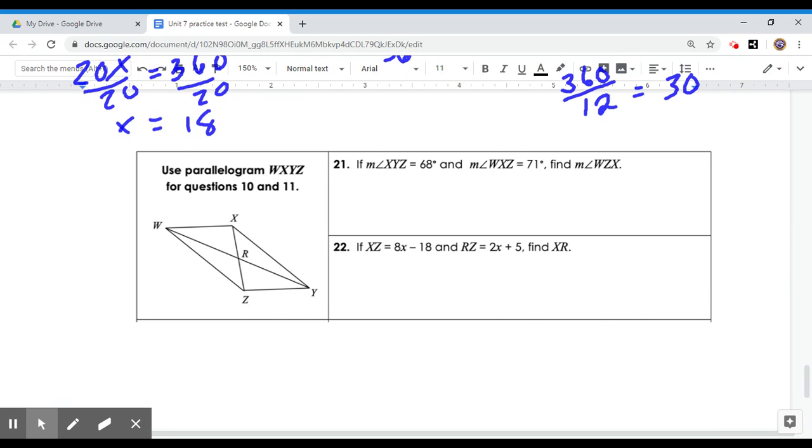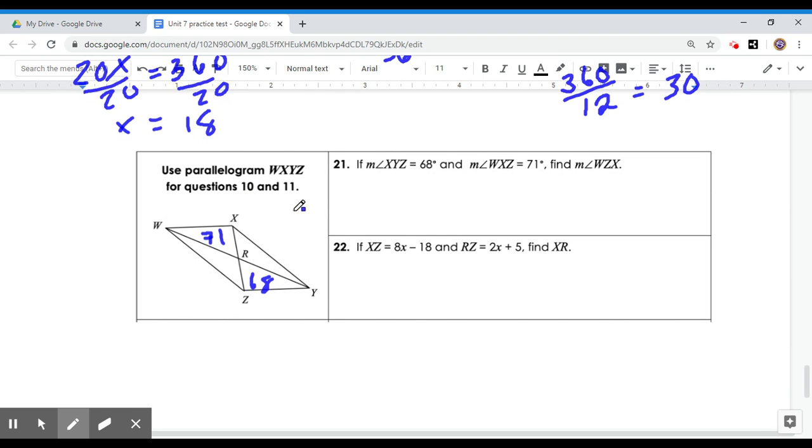All right, so one last question about parallelograms. Obviously this is not 10 and 11, it's 21 and 22. If the measure of angle XZY is 68, and WXZ is 71, find WZX.